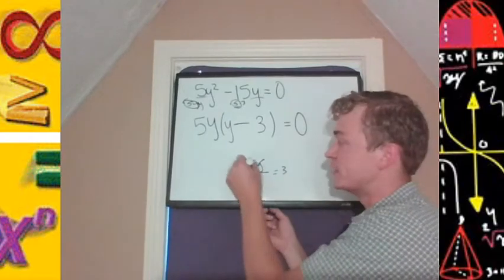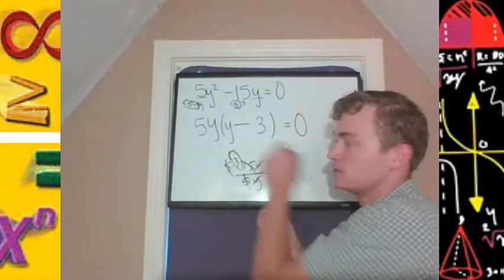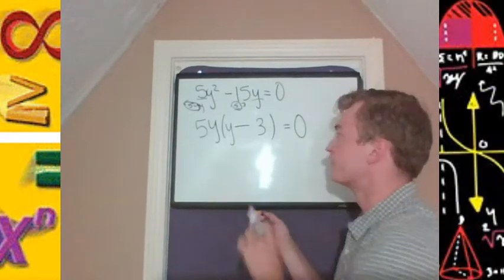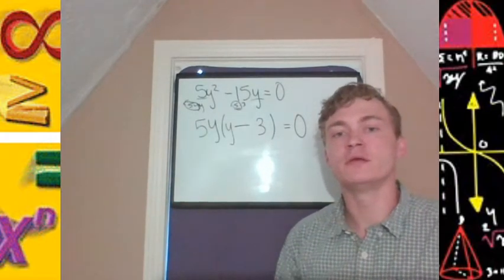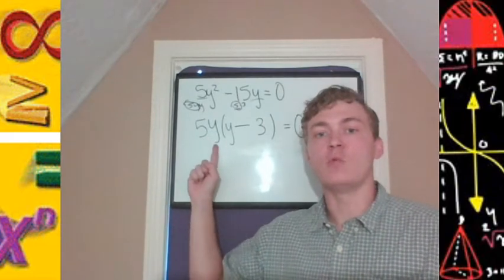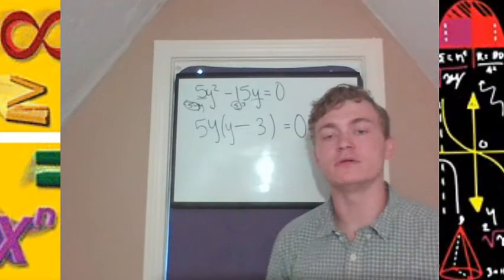And why is it 3? It's because 15 is 5 times 3, and the 5's cancel, leaving us with 3. We factor out our GCF of 5y. So what do we see here? The product of 5y and y minus 3 is equal to 0.